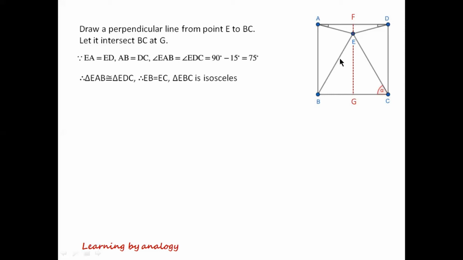So EB equals EC. Triangle EBC is isosceles.